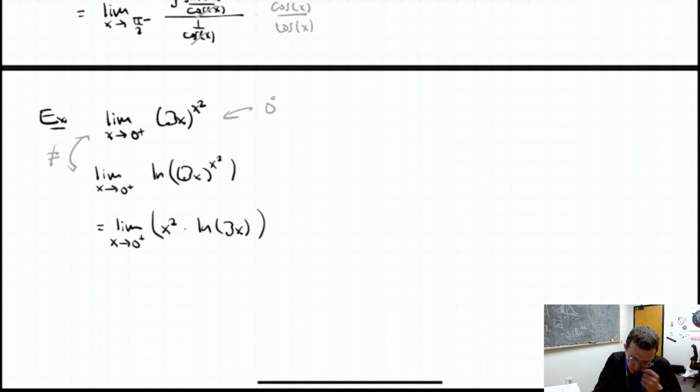And now what's going on? As x approaches 0, this is approaching 0, 3x is approaching 0 from the right. Ln of something approaching 0 from the right, that's approaching negative infinity. Because the ln graph looks like this.